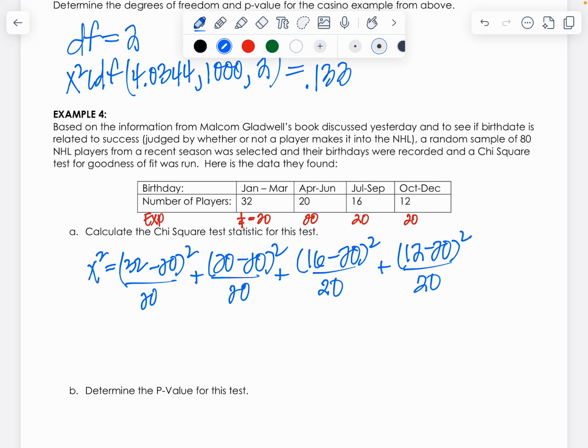And then the next one will be -4 squared, sorry, I'm having a calculator issue, divided by 4 squared divided by 20. And then the next one will be 12 minus 20, so -8 squared divided by 20. And I end up getting 11.2, even, 11.2.